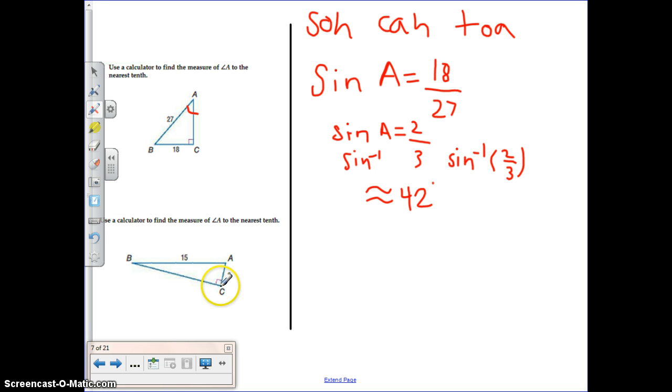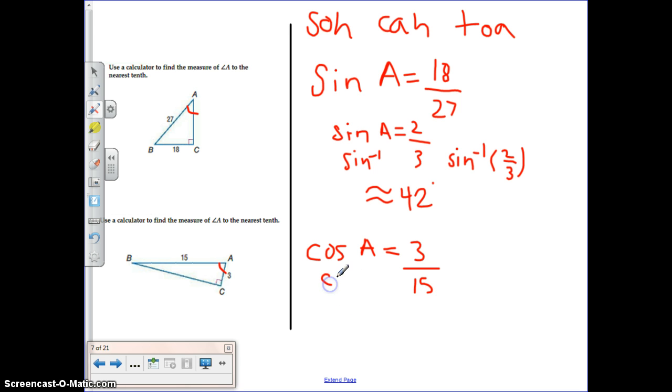It says use a calculator to find, we're doing angle A again. So let's look at angle A. Now we have the adjacent side, so 3, or AC here is our adjacent side, and our hypotenuse because it's opposite of my 90-degree angle. So I'm going to be using the cosine because it has my adjacent and my hypotenuse. So I have the cosine of A is equal to 3 over 15, or 1/5.